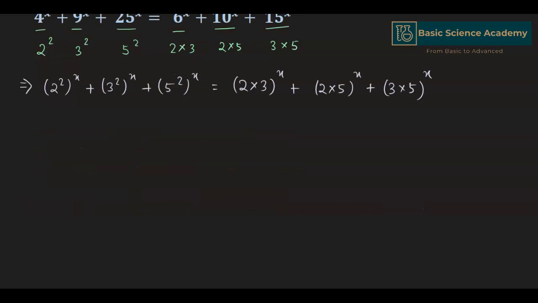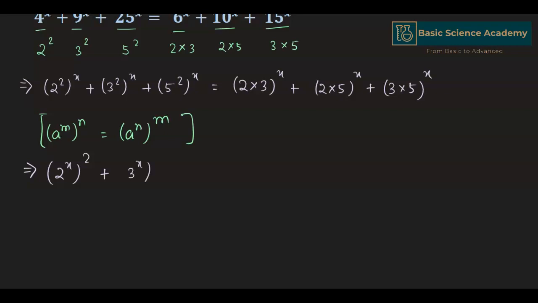According to the law of exponent, a to the power of m to the whole power n is equal to a to the power of n to the whole power m. Hence, we can write the above equation as 2 to the power of x to the whole square plus 3 to the power of x to the whole square plus 5 to the power of x to the whole square.